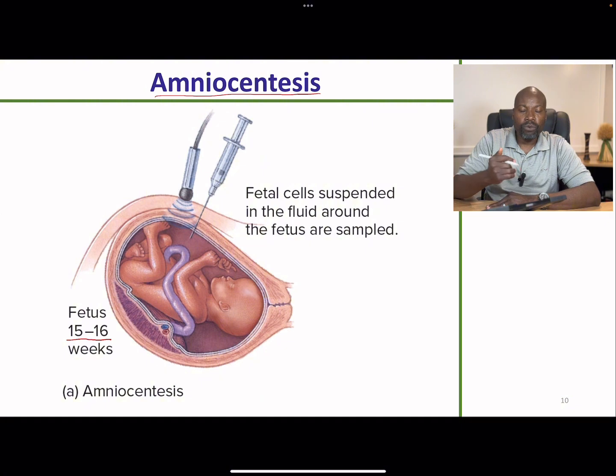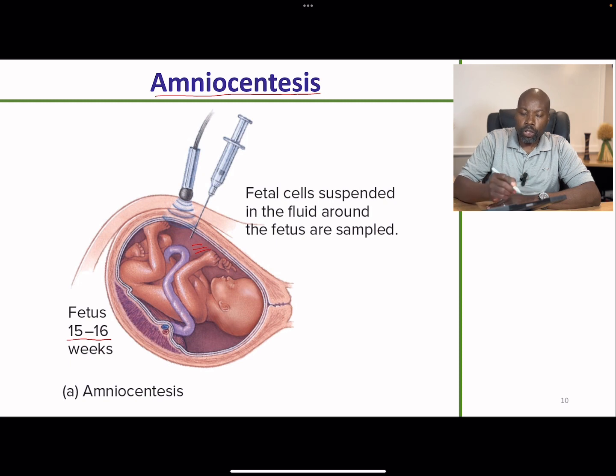You can at least hear the heart beating, but very importantly, you are sucking fluid from the amnios.